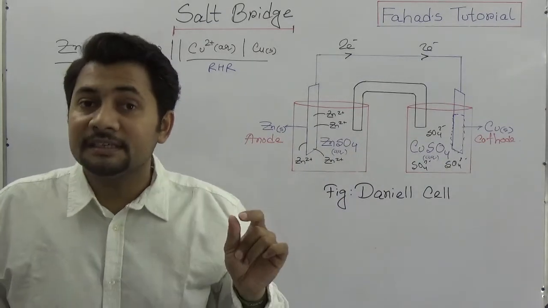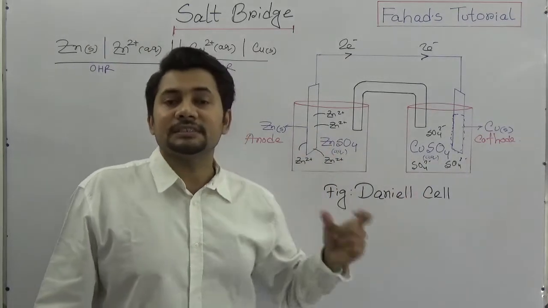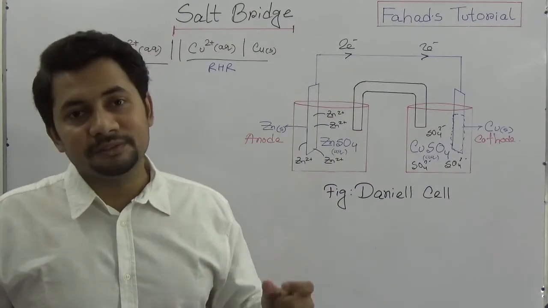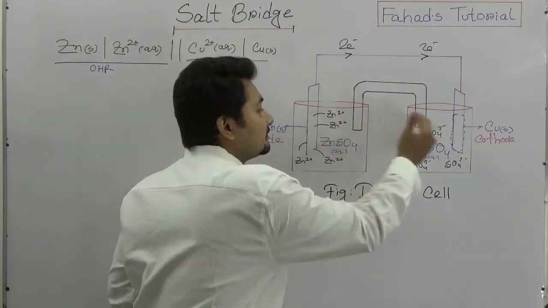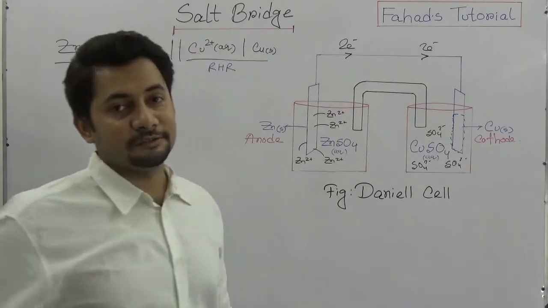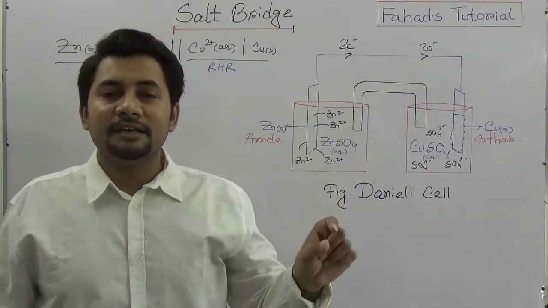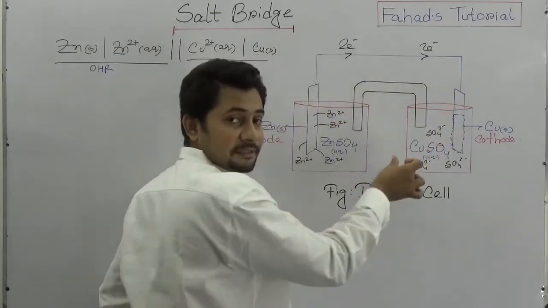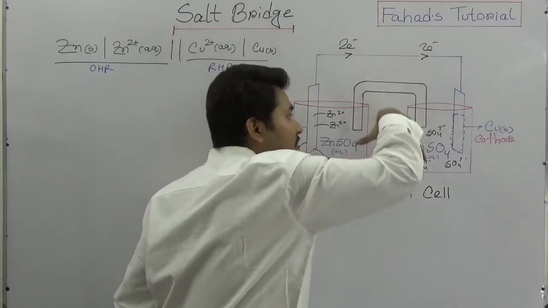So to maintain the charge neutrality in both solutions and maintain the electricity, we need something that will minimize this ion increment in both solutions, and this is the salt bridge. The salt bridge is made with components like agar-agar, shaped like a U and submerged into both solutions.